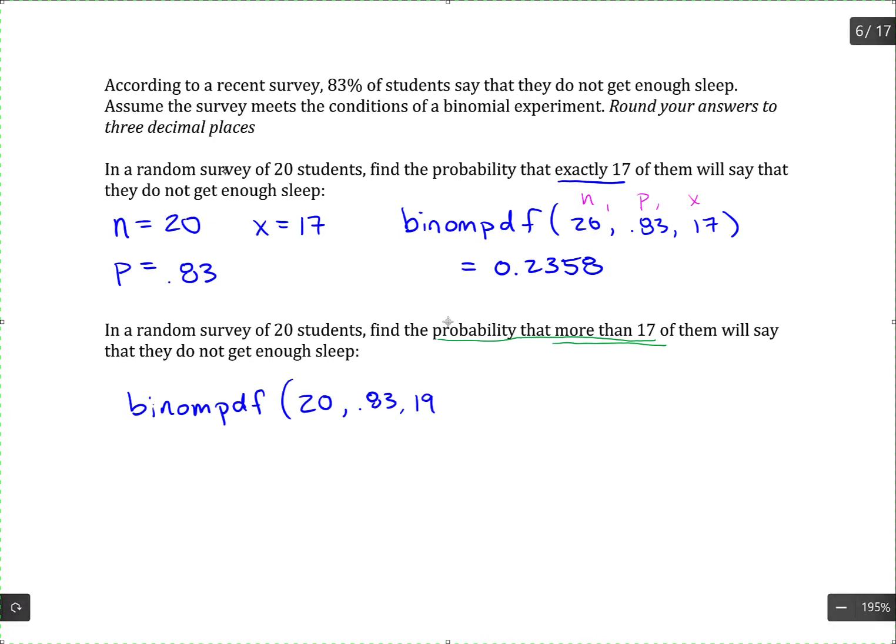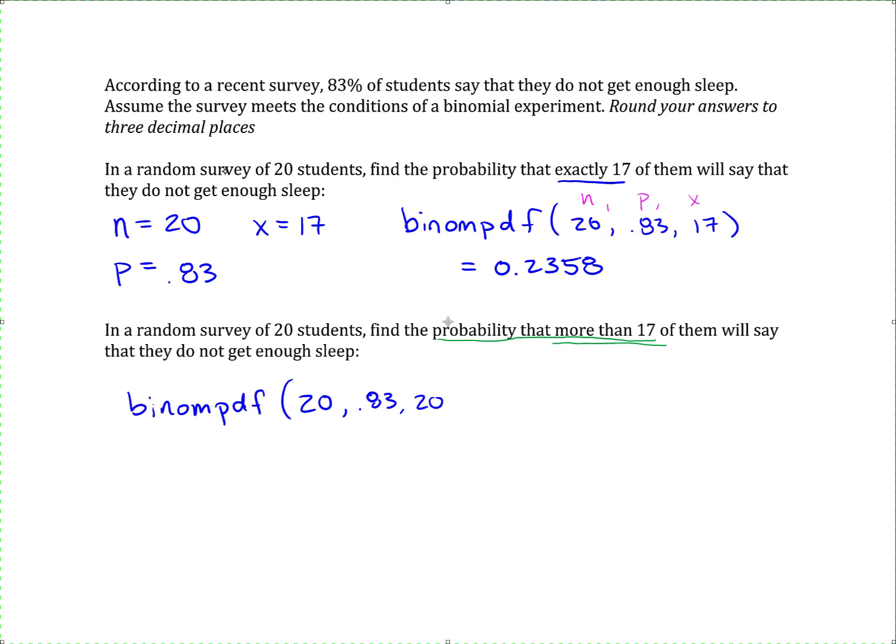But so is 19, so we would have to run it a second time. And so is 20. So we'd have to run it a third time and add those 3 values together. So we could come up with it using Binompdf, but sometimes it's a little bit easier to use Binomcdf instead, because a cumulative distribution function already has items added up together for you.